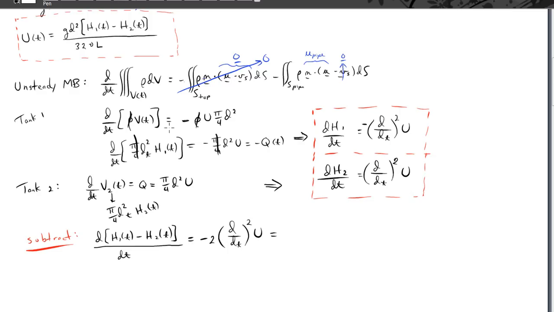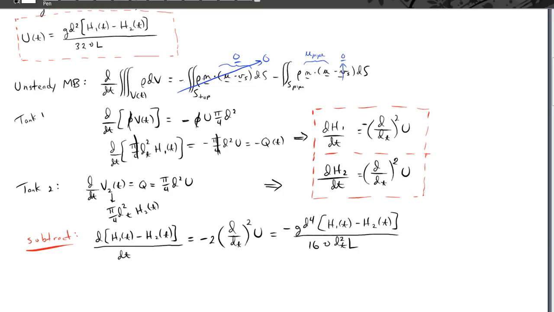So 2 divided by 32 gives us 1 over 16, and so we get a minus g d to the fourth, h1 of t minus h2 of t, divided by 16 nu D_T, the tank diameter, squared times L, the length of the pipe.